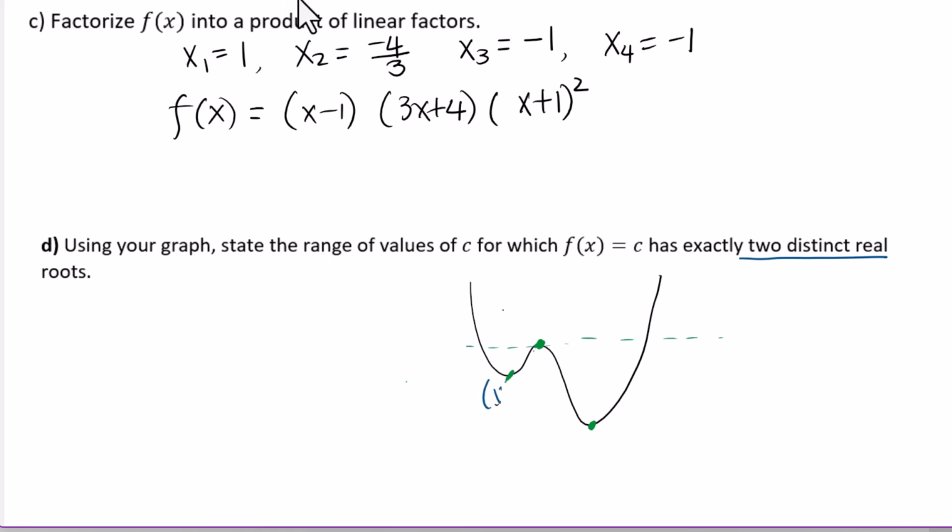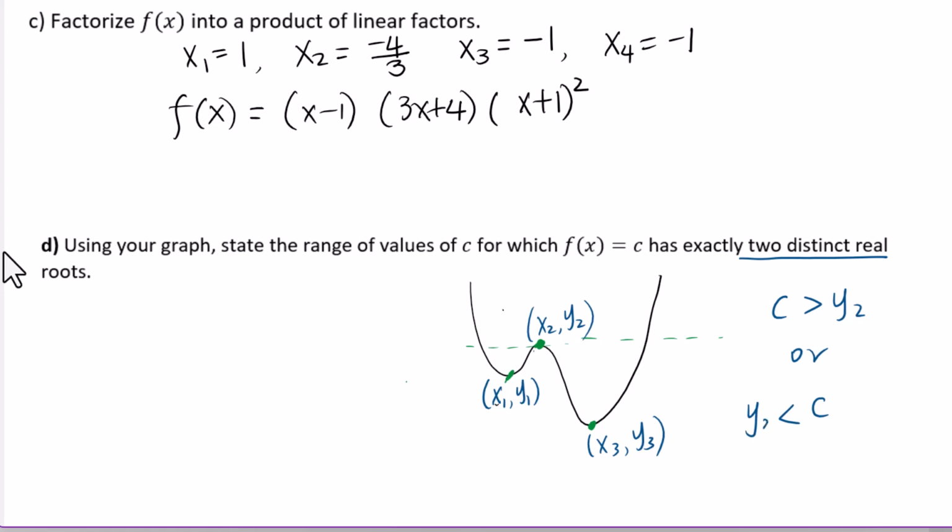Let's label x1, y1, x2, y2, and x3, y3. When C is greater than y2, or C is greater than y3 and less than y1, f of x equals C has exactly two distinct real roots, because the graphs of y equals f of x and y equals c have two intersections.